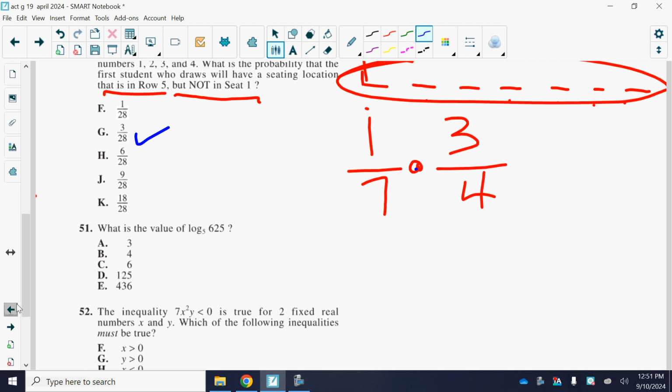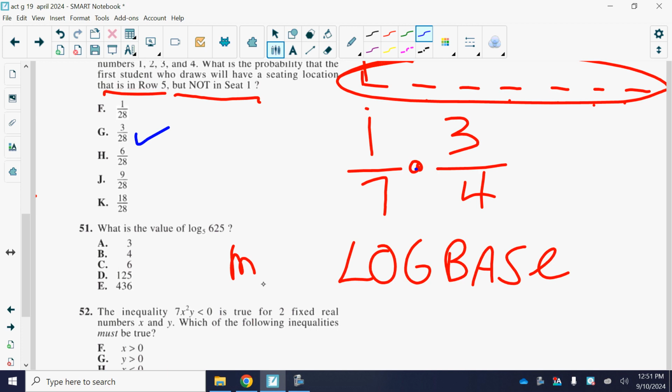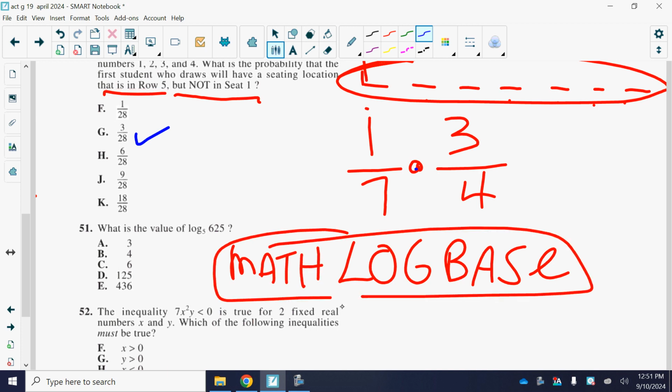Log program will get this, but also you've got math log base. You can plug that straight into math log base. The answer is 3. I'm sorry, 4. 4, because 5 to the 4th is 625. 5 to the 3rd is only 125.